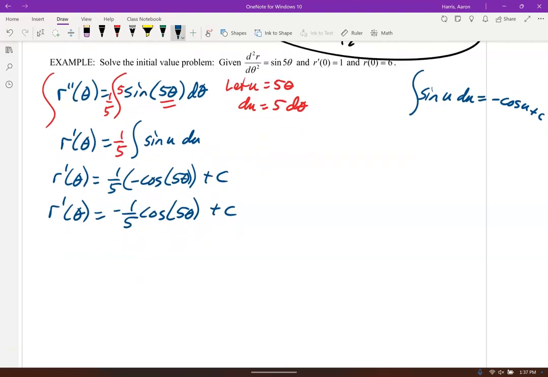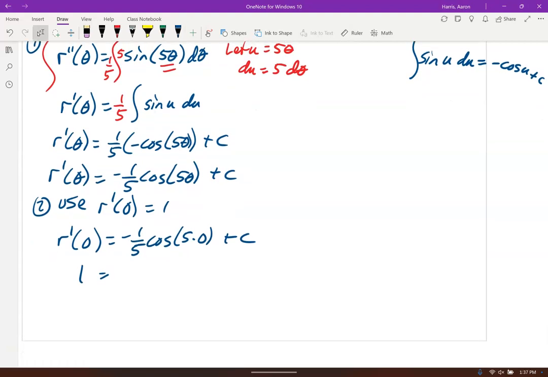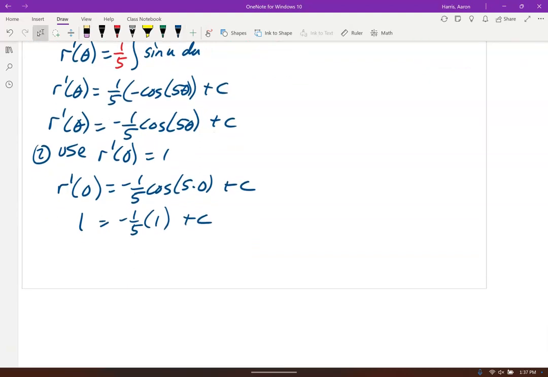So that's step 1. But I've got to use r prime of 0 equals 1. So r prime of 0 is 1. Cosine of 0 is 1. So add 1/5 to both sides.